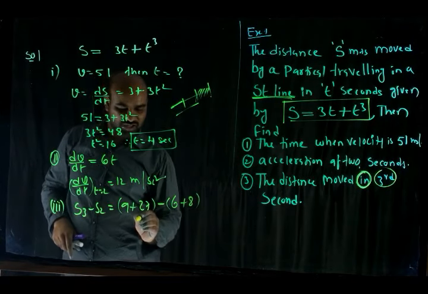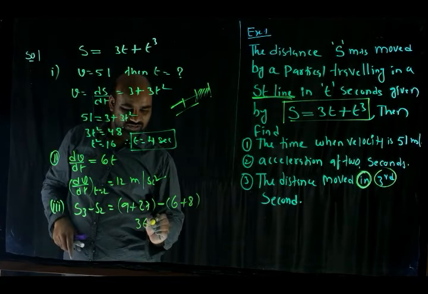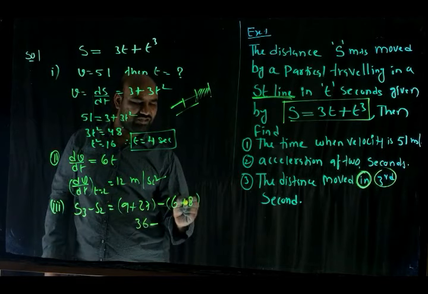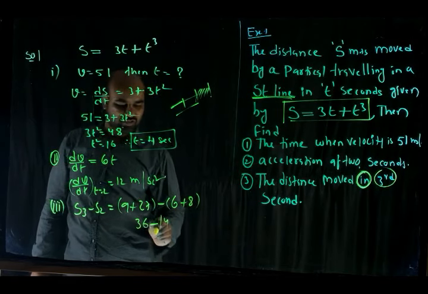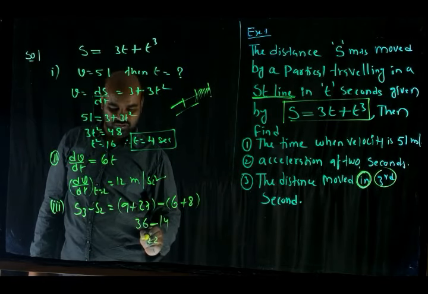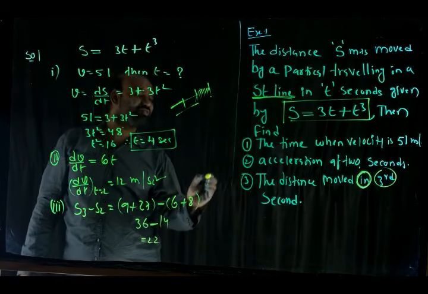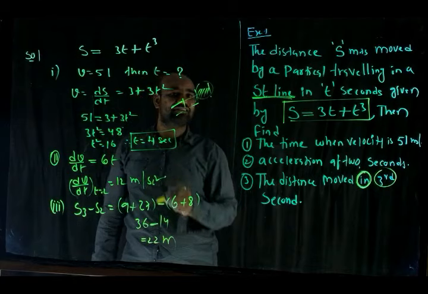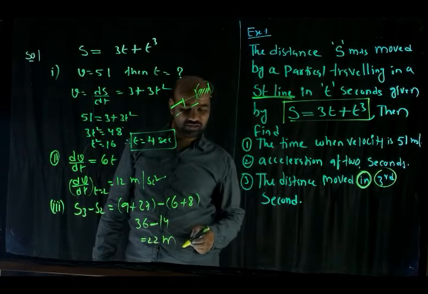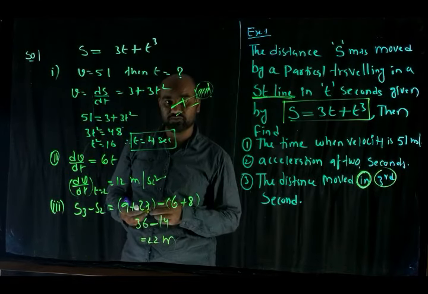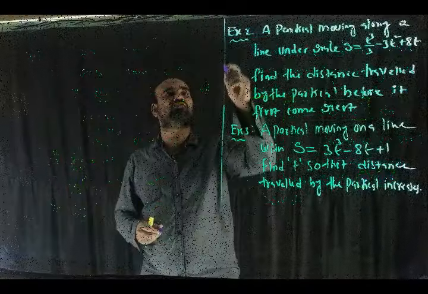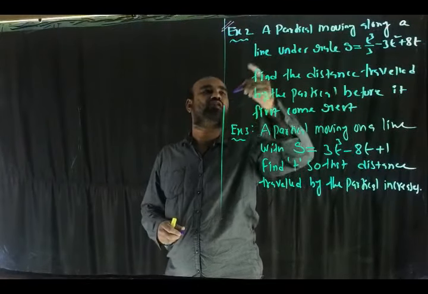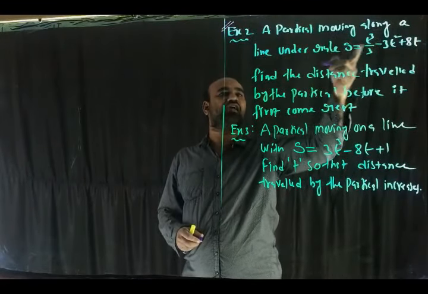So what is this? 36 minus 12 is 24... the distance here is in meters, 22 meters. So the distance traveled in the third second is equal to 22 meters.